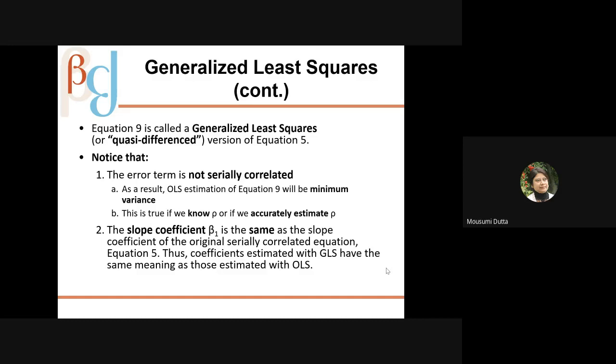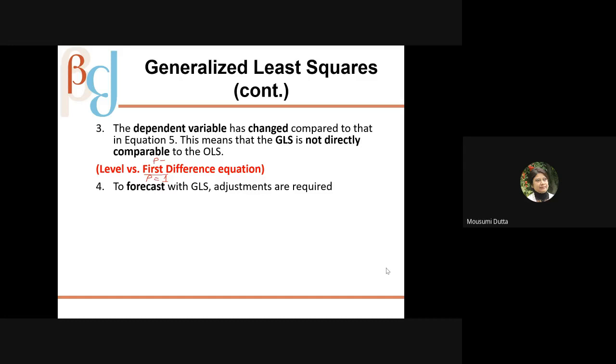Okay, so if you understand all these things, please take note of the last point. The dependent variable has changed compared to equation number 5.